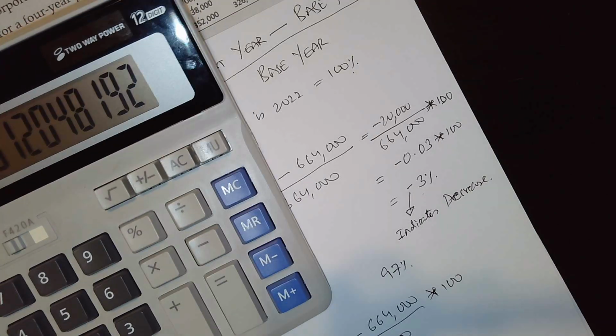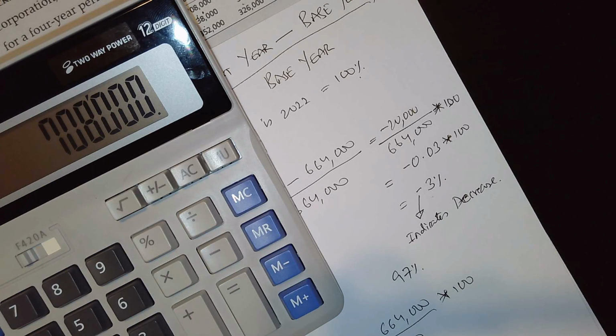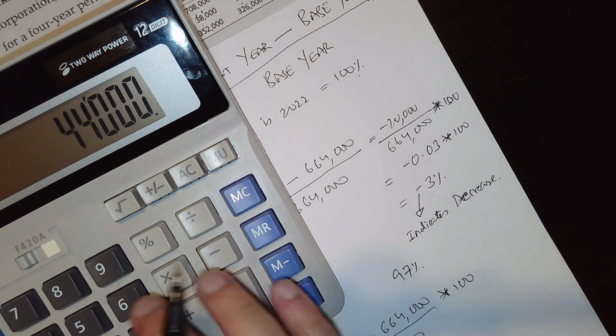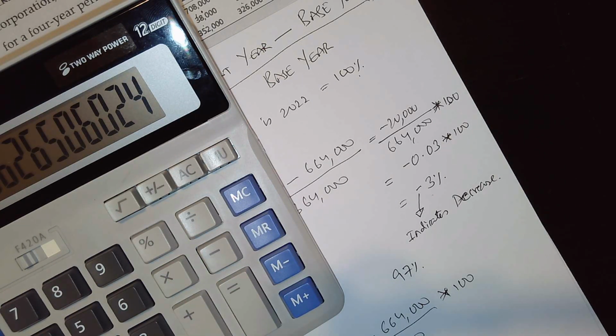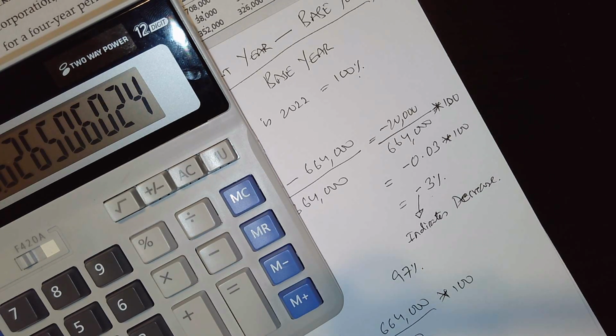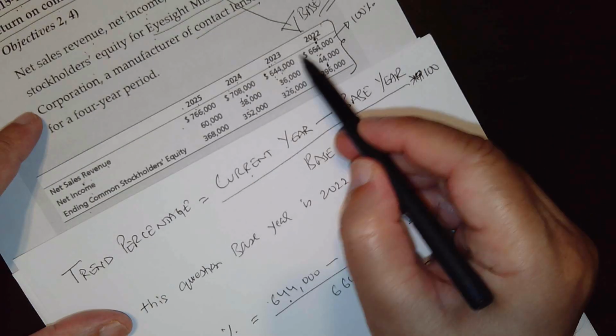So 708,000 minus 664,000 gives us 44,000, divided by 664,000. That gives us 0.066, multiplied by 100, which is 6.6%. So we have an increase from 2022 to 2024.